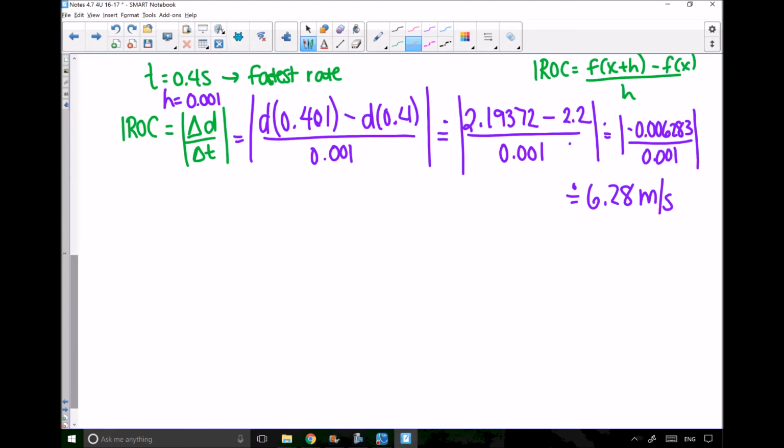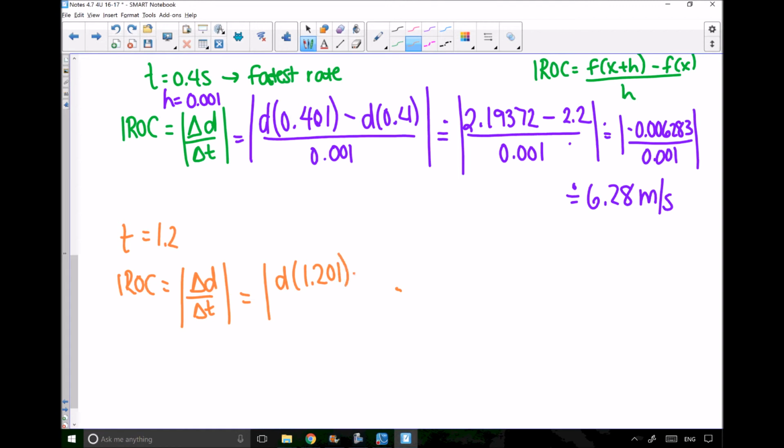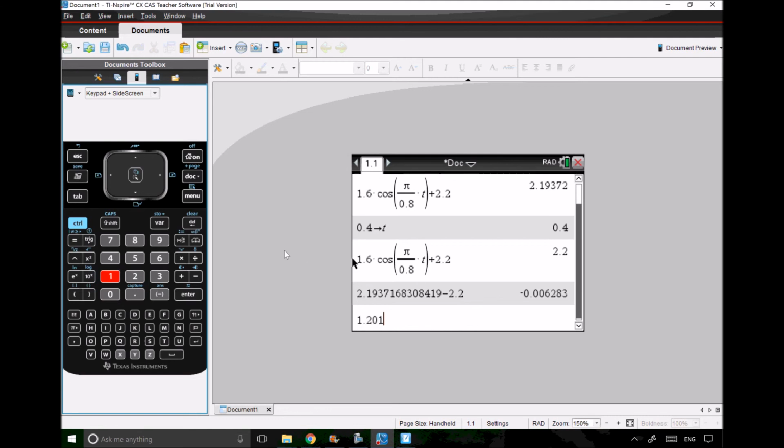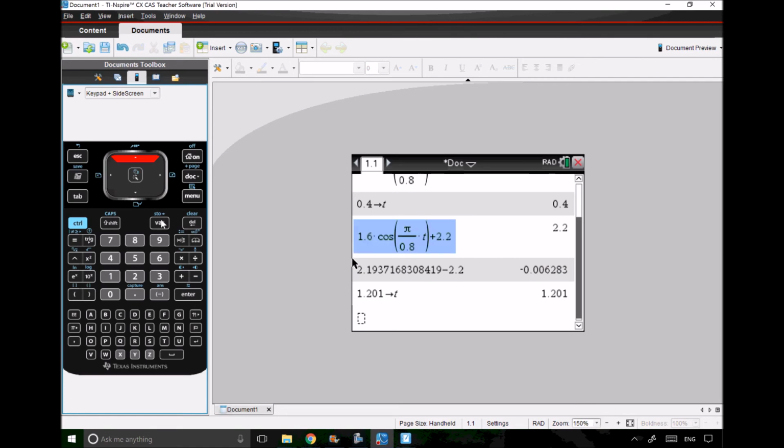Okay, we also know that it's going to reach its fastest rate when time is 1.2. So we're going to say time equals 1.2. We're still going to use the same h value. We're still going to do IROC is equal to delta d over delta t. Nothing new here. And here instead I'm going to do the absolute value of d of 1.201 minus d of 1.2 all over 0.001. And I'm going to evaluate these numbers right here. So I'm going to store 1.201 in as my t value, and I'm going to copy and paste my function.